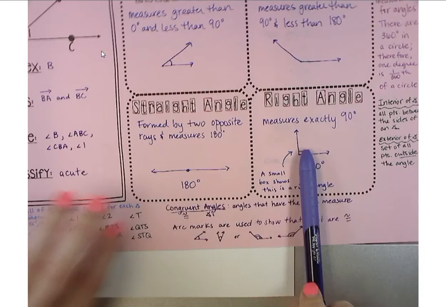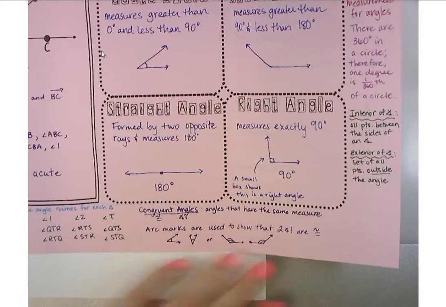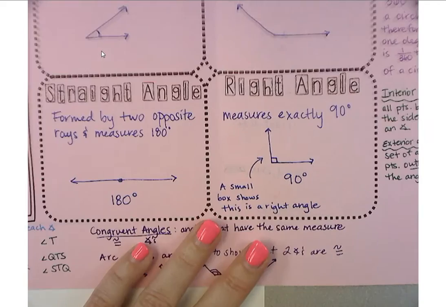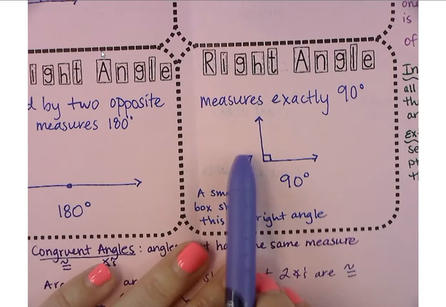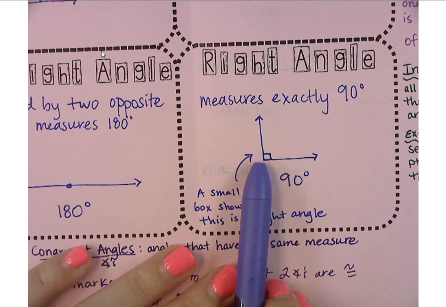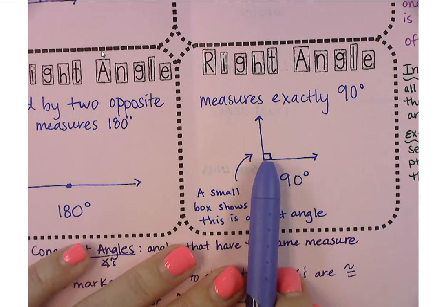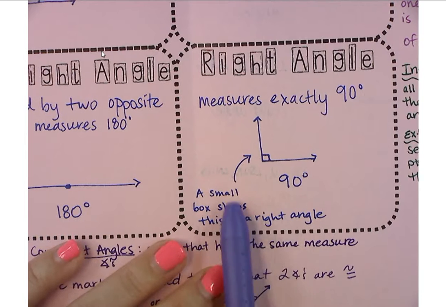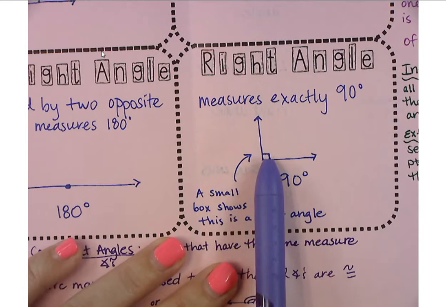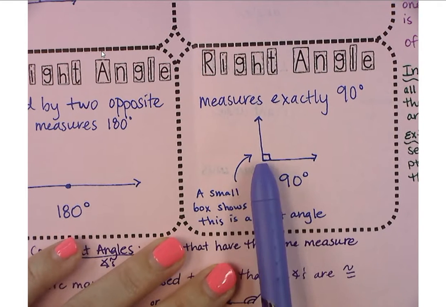The right angle is special because it's something that's really commonly found around us, and we have to also make sure that if it's a right angle, we have this special symbol. So it's a small box. If you have this small box, that means that this is a right angle. If we don't have it, we have to be careful.